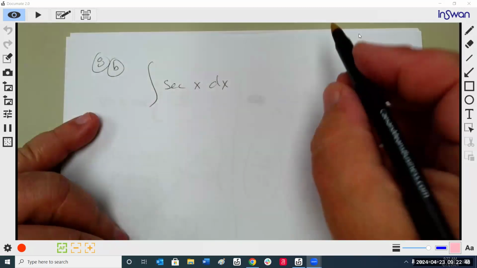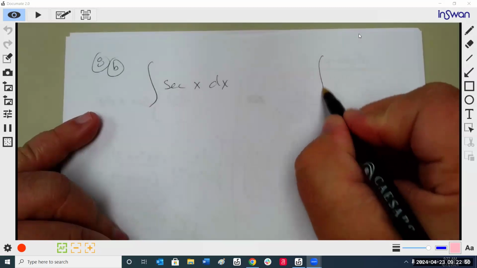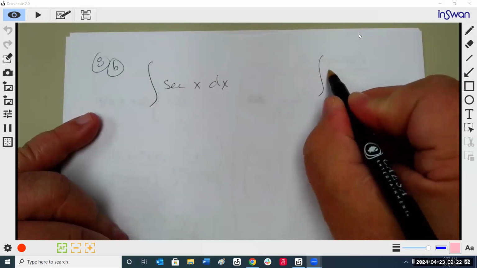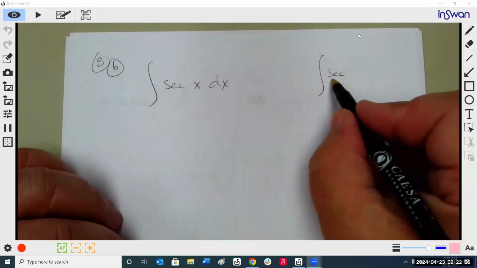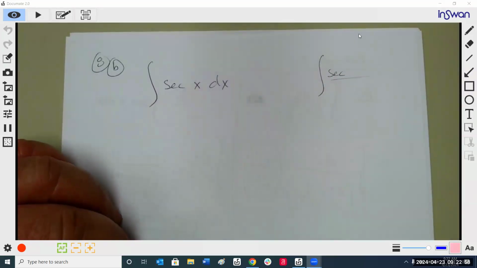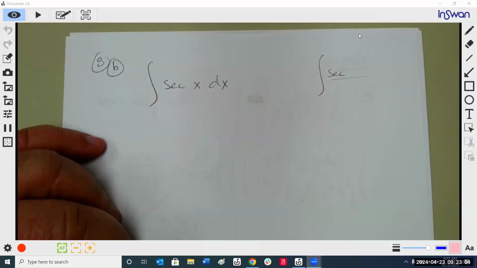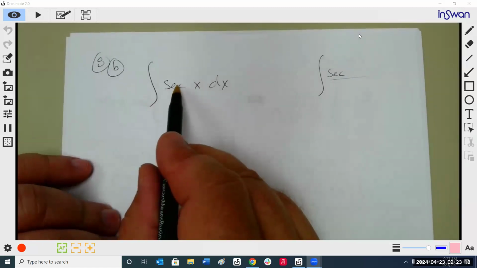So what you have to look for here: what integrals do we have that has secant either as an individual term or as a fraction? Look. So what does it look like? Remember, we want this to be a derivative.